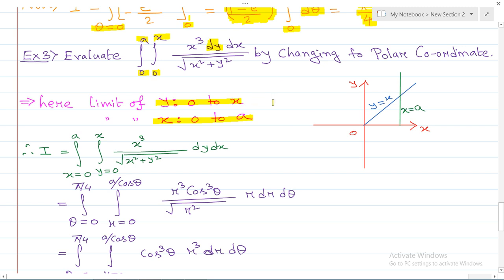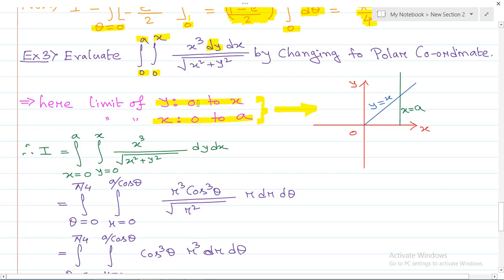Now as per this, we have to draw the region, so we have drawn it. Here are the x axis and y axis. y equals 0 is our x axis, y equals x is this line, x equals 0 is our y axis, and x equals a is the other line. Now how to identify which region we have to shade?